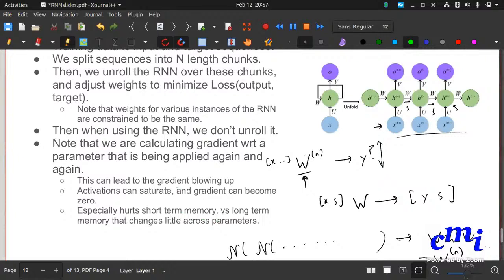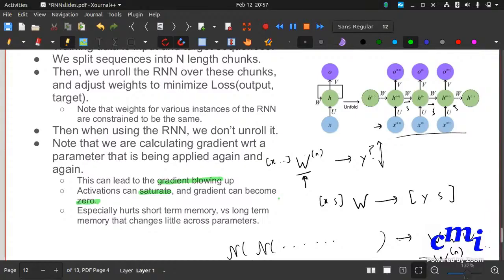What it shows up as, if you try to train something, is the gradients blowing up or the gradients saturating and going to zero, and so on. This is symptomatic of the deeper problem that RNNs and all architectures based on RNNs have.